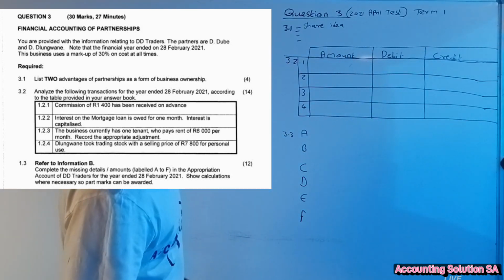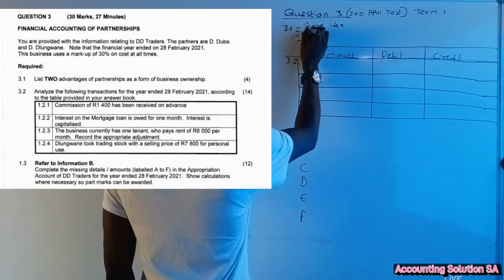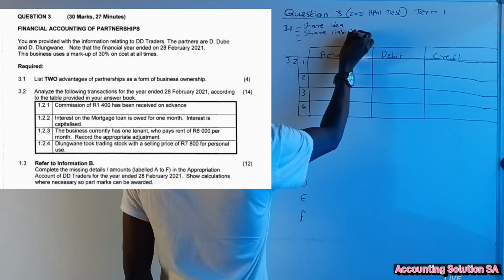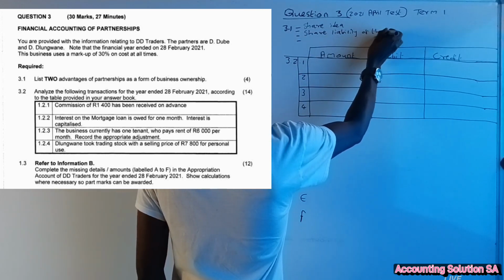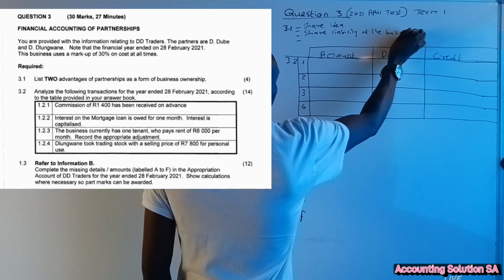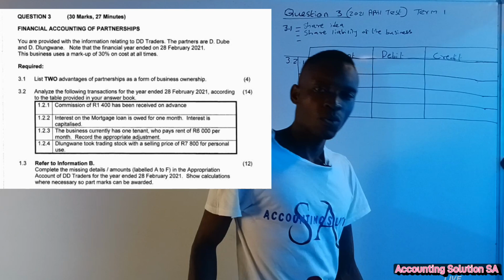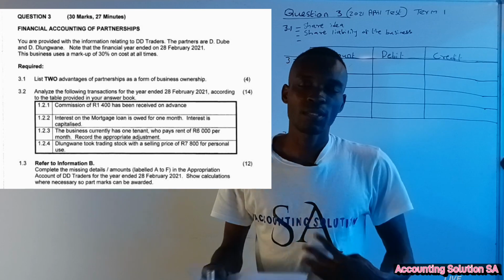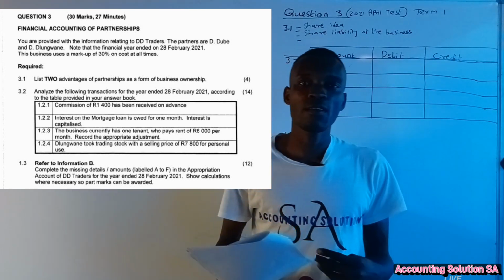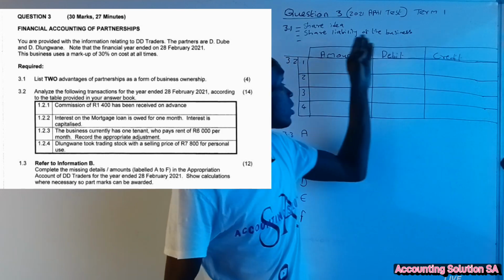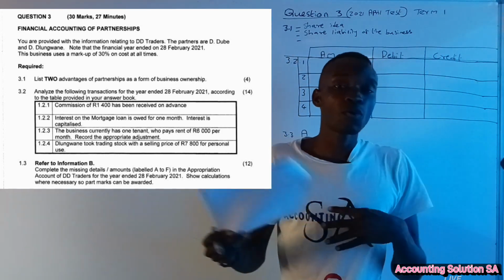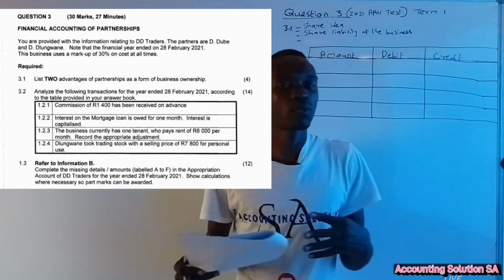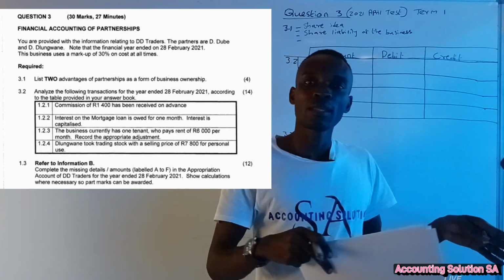Then the second one: you are going to share liability of the business. Why is it good to share liability? Remember, when you are running a business, anything can happen. If anything bad happens and the business is in debt, you are not alone, which means that you and your partner have to contribute so that you can pay that liability.